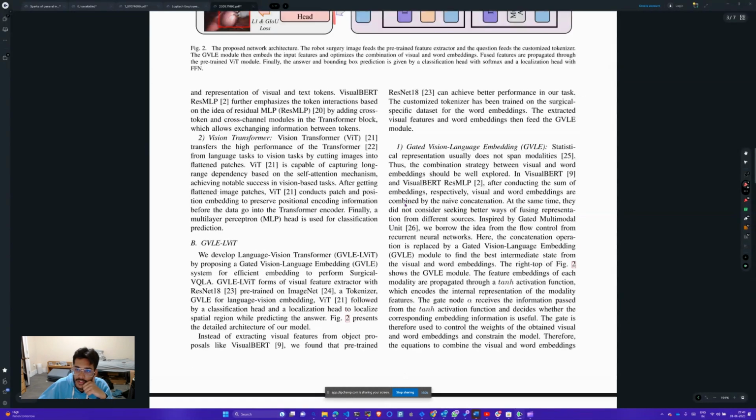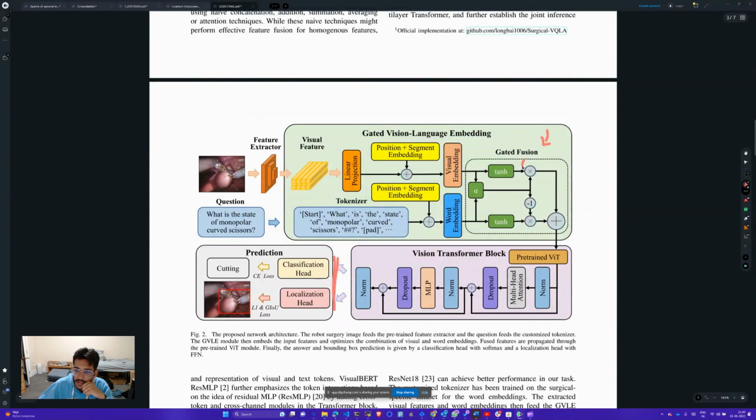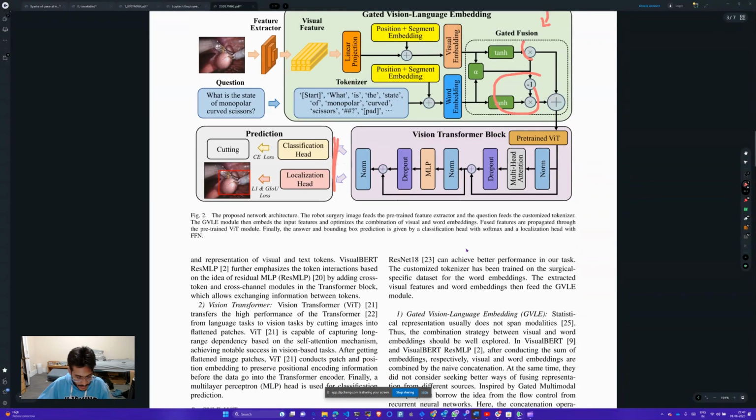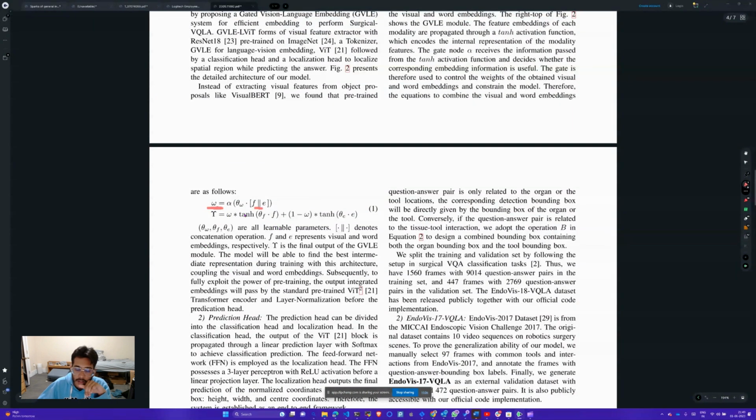W and 1 minus W correspond to here. And this final thing here is the final output, which would be the GVLE.